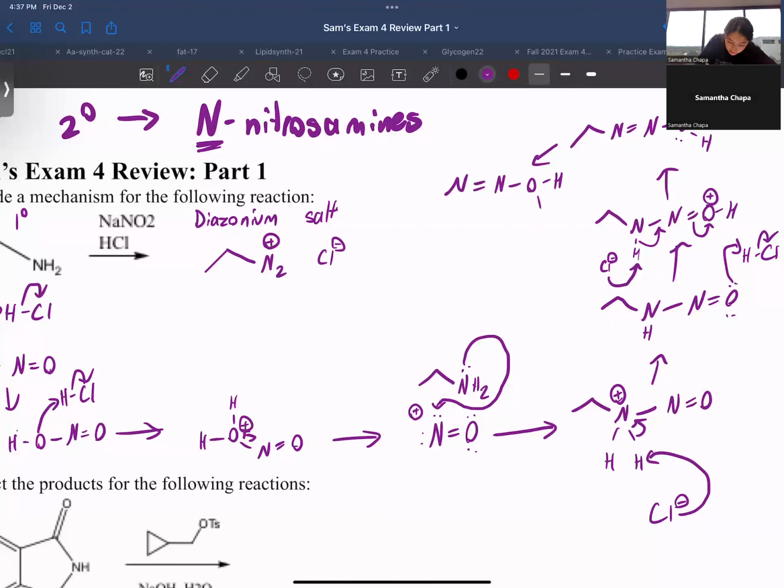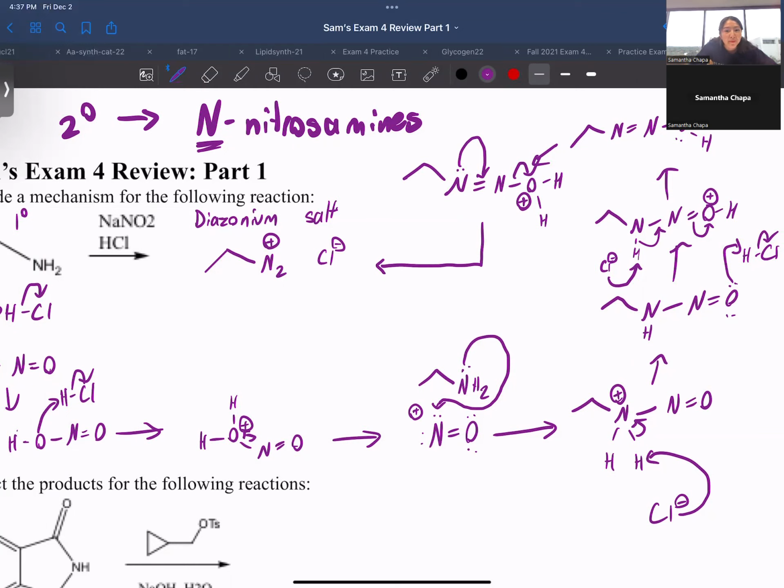Cool, this is your last step. I'm going to put the electrons on my nitrogen into a triple bond between nitrogen and nitrogen and kick off that leaving group. And I get my diazonium salt. So it's a lot of steps.